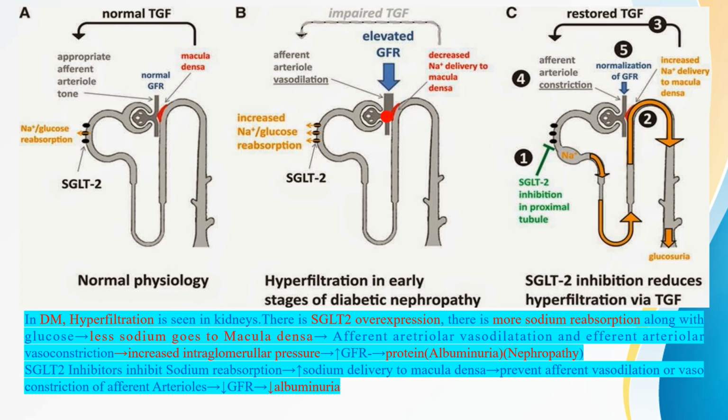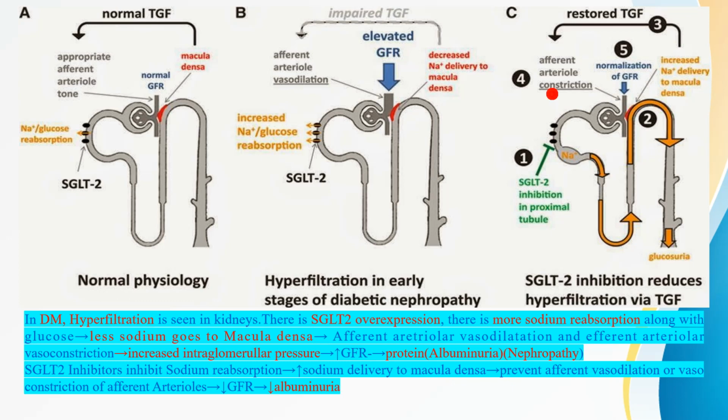But when SGLT2 inhibitors are given to these patients, the reabsorption of the glucose and the sodium gets reduced. So more and more sodium goes to the distal convoluted tubule, and in the distal convoluted tubule there is a macula densa. When the macula densa senses that there is increased delivery of sodium, it causes afferent arteriolar constriction and efferent arteriolar vasodilatation.